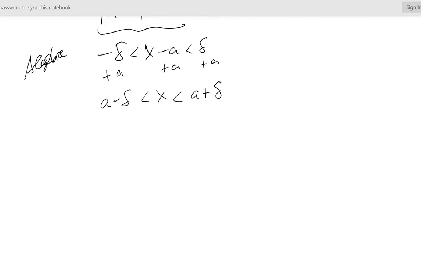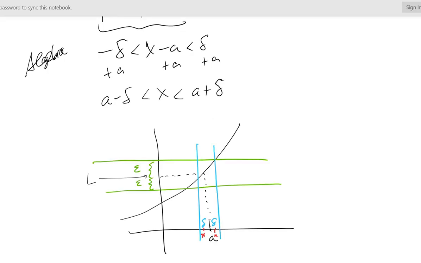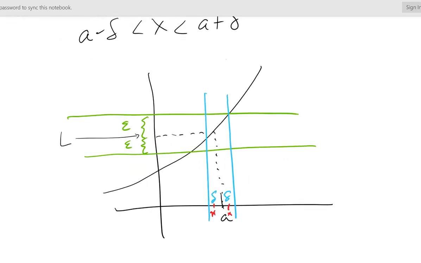And so what this means in the sense of your graph is that on the left, the graph is at the point a minus delta. Delta is just a number, so if it's 3, it's a minus 3, okay? That's all it is. And then this is a plus delta.